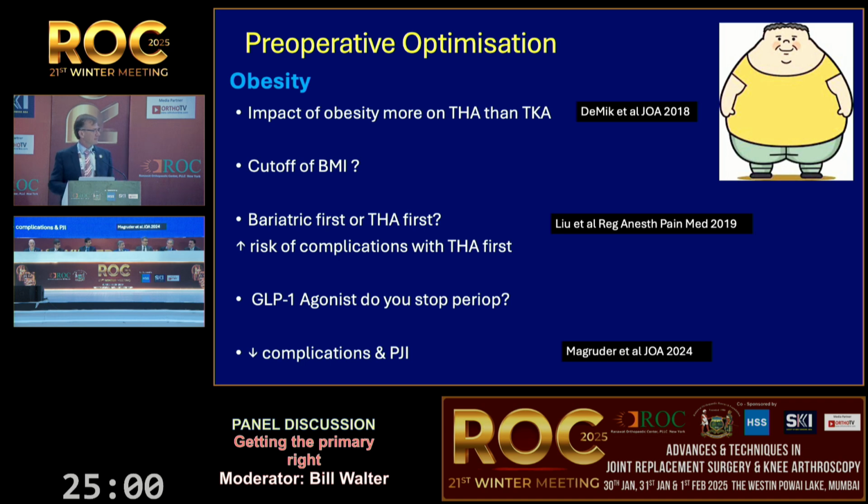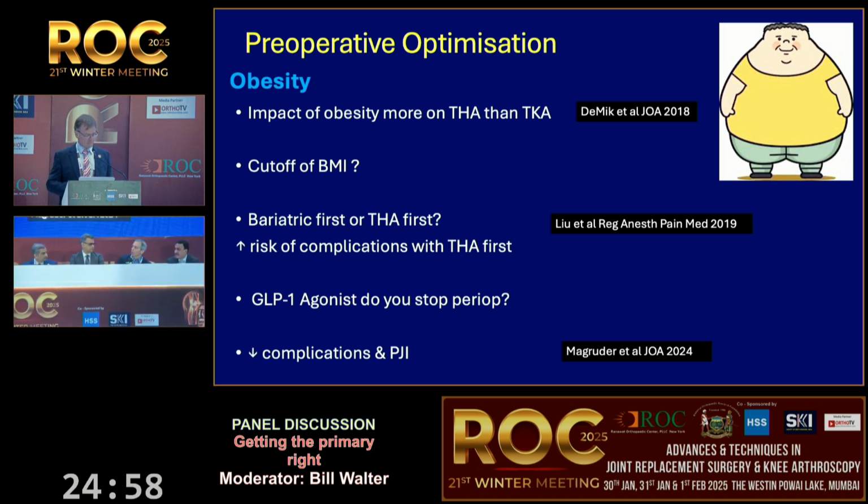So we actually have a pretty strict policy at HSS now. If you're on one of these medications for diabetes, for sugar control, then you stay on it, you don't stop. If you're on one of these medications for weight loss, then you need to stop 1 week prior to surgery. And we actually make the patient NPO a full 24 hours before surgery.